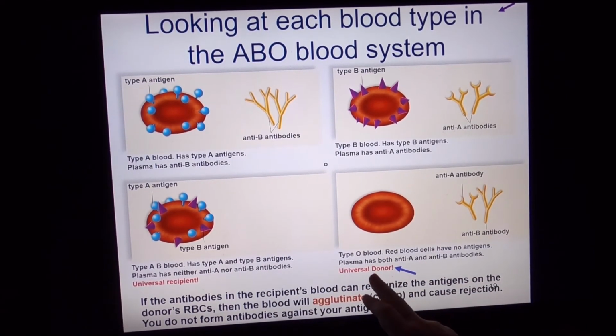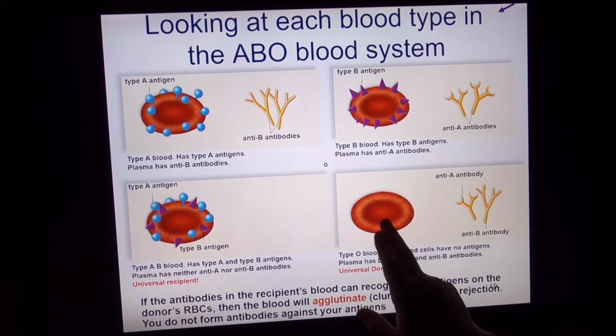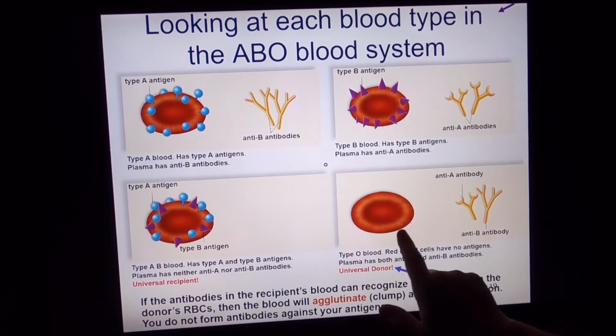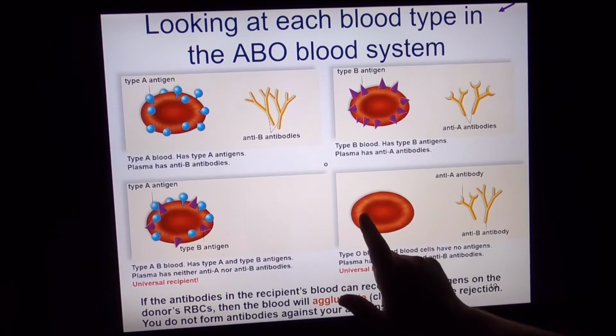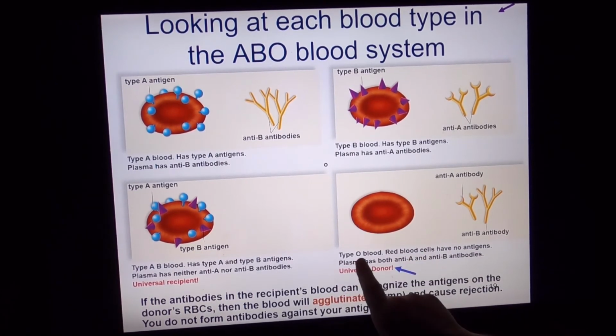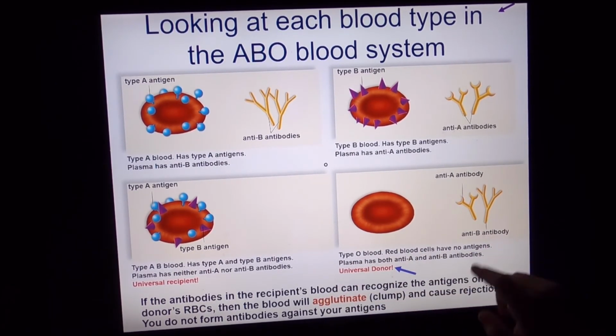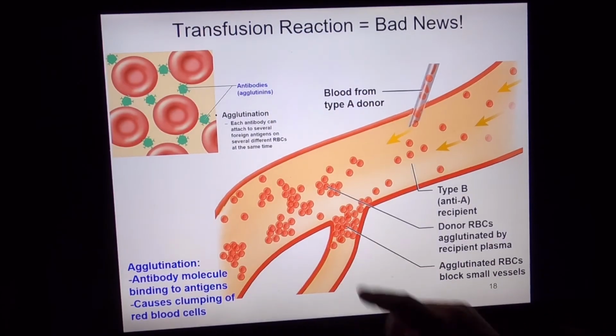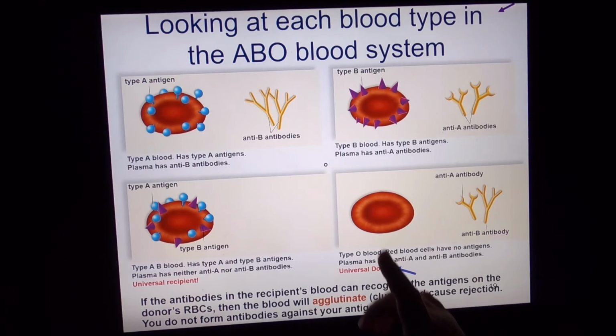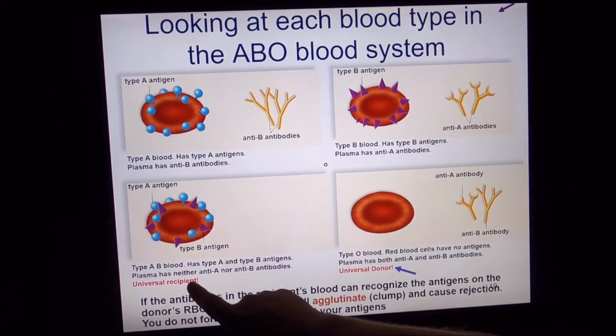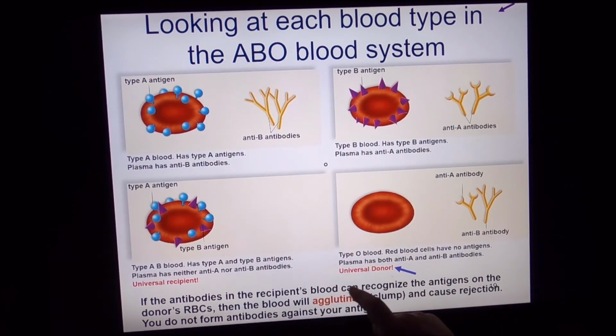Whereas our universal donor here that can give blood to anybody, they have no markers on their red blood cells. So if they get any kind of blood other than type O, they'll make antibodies against it and lead to agglutination and problems. All right? So a person whom is type AB is a universal recipient that can get blood from anybody. A person that is type O is a universal donor.